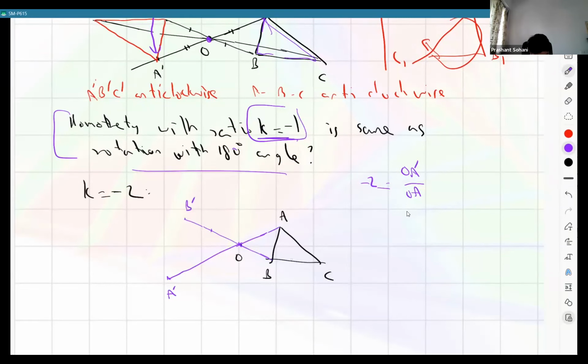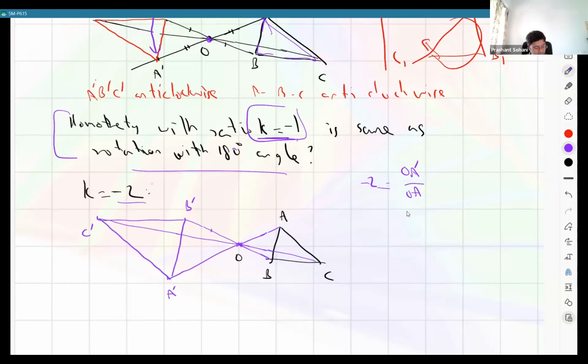And OC will also become OC dash. Because OC is the largest segment, OC dash is twice that large, so it is going really far away. And so you see, again, the triangle is getting inverted through O, but inverted and enlarged both at the same time.